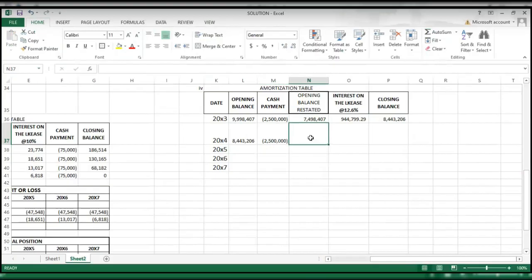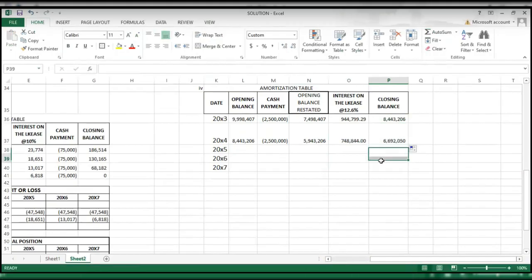So we have our opening balance restated again, that is this minus this. Interest will be charged on this, that is, this times 12.6%. We have our interest, and the closing balance is going to be the addition of the two, which is what we did here.